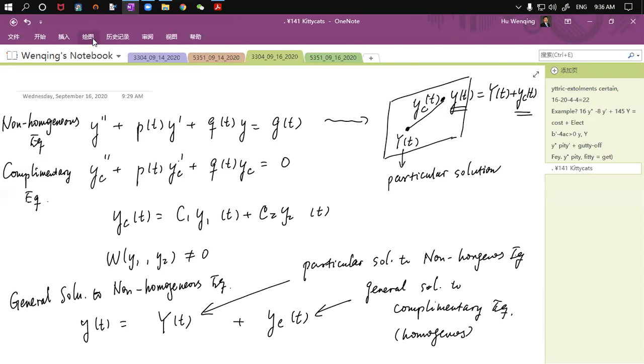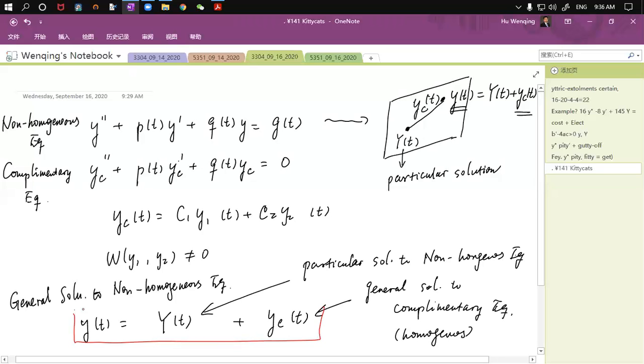So this is a very, very important decomposition. It's going to tell you that in order to have a general solution to the non-homogeneous equation, it suffices to find just one particular solution. Presumably there are many solutions, right?